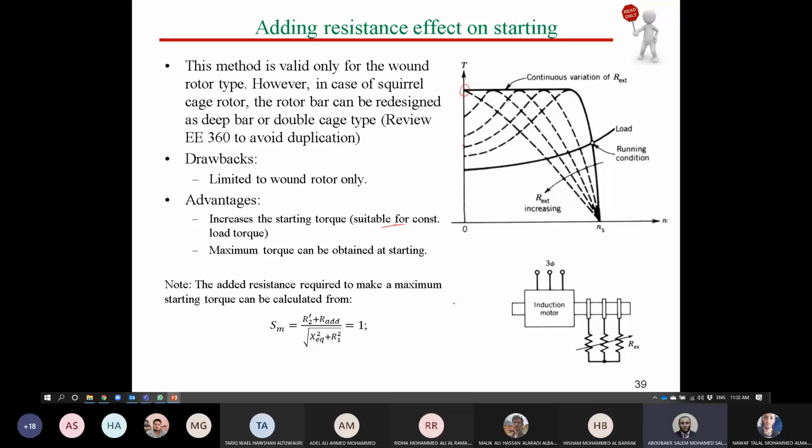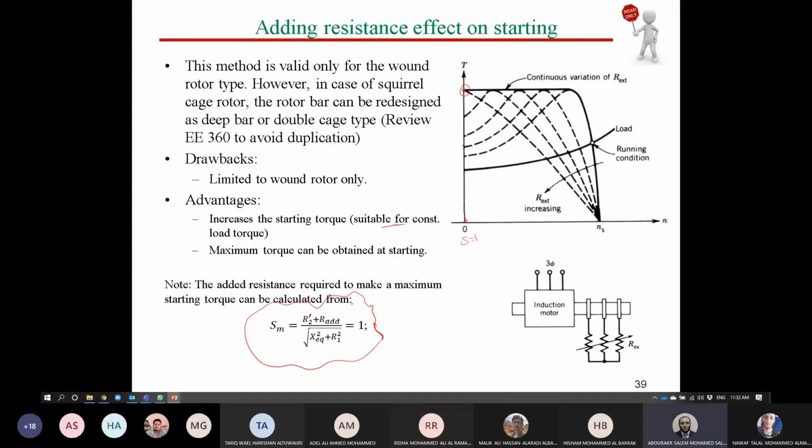Of course, guys, regarding this part, you know that, or we discussed it before, at this point, if we made T starting equal T maximum, S maximum will be unity, because you know at this end point S is unity all the time. Okay, so at this curve, maximum torque is the same as starting torque. So you can say SM, which is slip at maximum torque, equals unity.